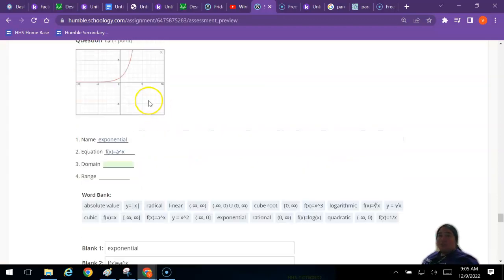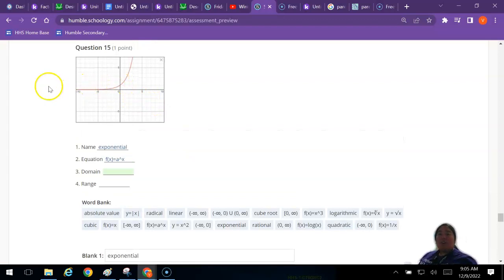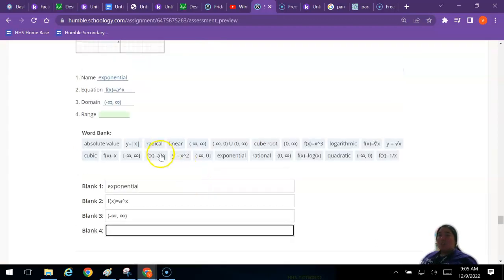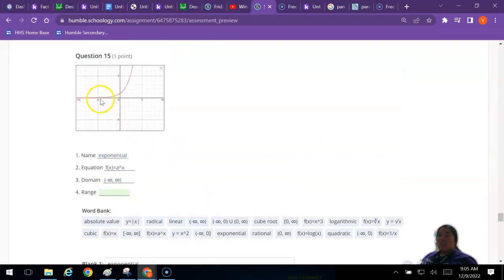Now your domain is all the way from the left all the way to the right. So that's negative infinity to positive infinity. But your range. You look at the left side. If you were drawing it, where would you start?